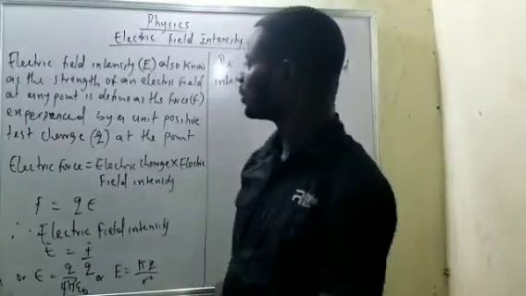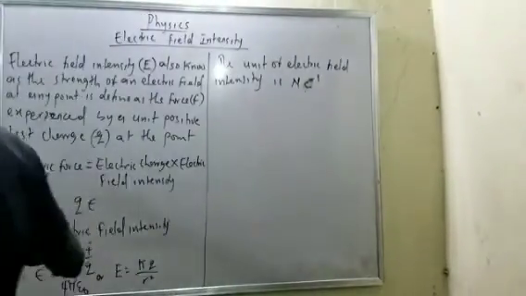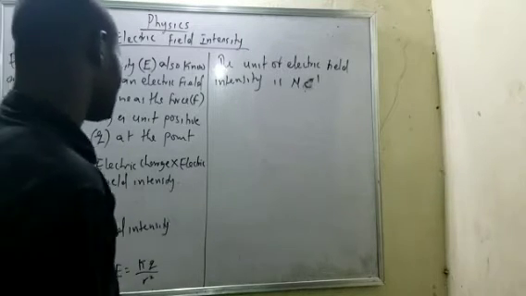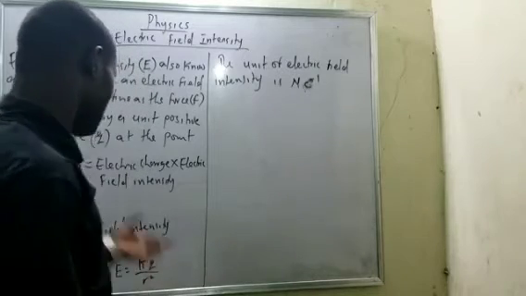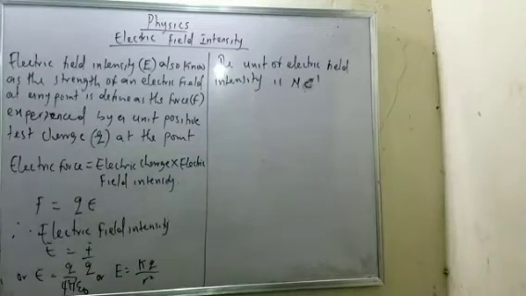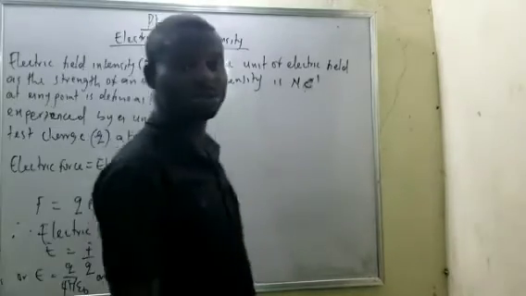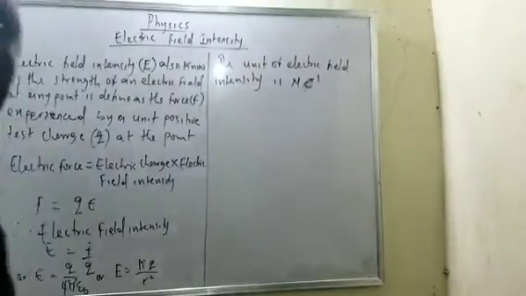Don't forget that the electric force equals electric charge multiplied by electric field intensity. And I've told you earlier that my charge is always denoted by Q, and electric field intensity is denoted by E. Note that.